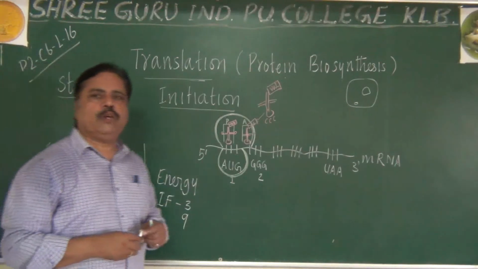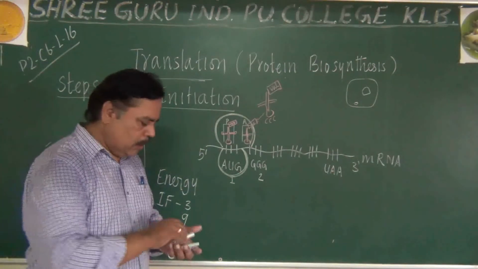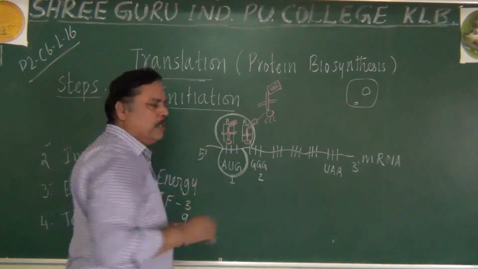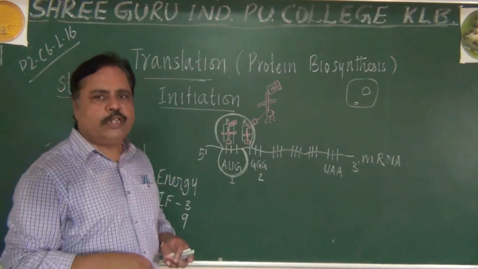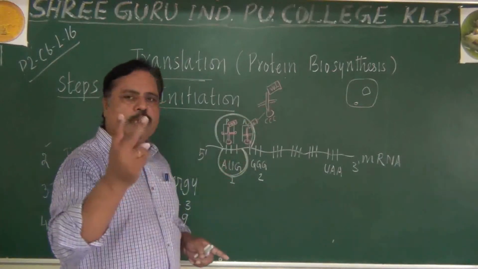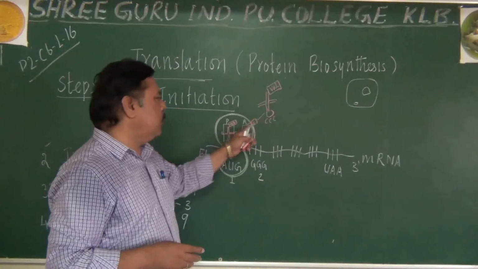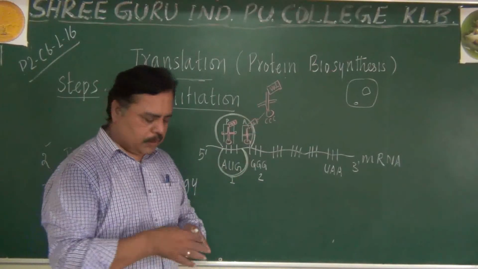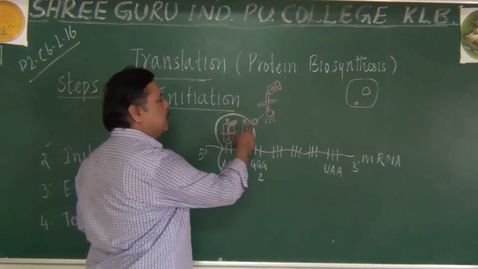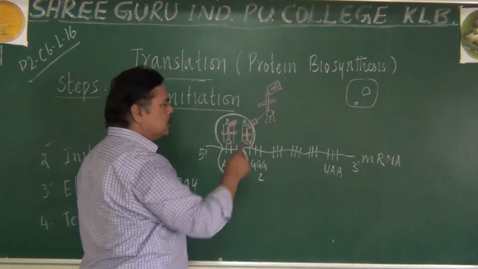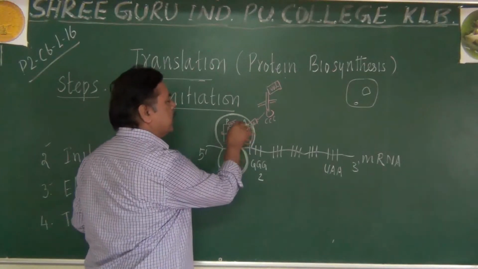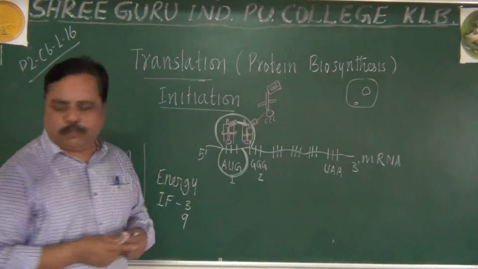During elongation, what happens is there is already methionine sitting in the peptide or P window. To the A window, the second codon has come with its cognate amino acid. Now remember, between the methionine and the second amino acid, one special bond will be created.